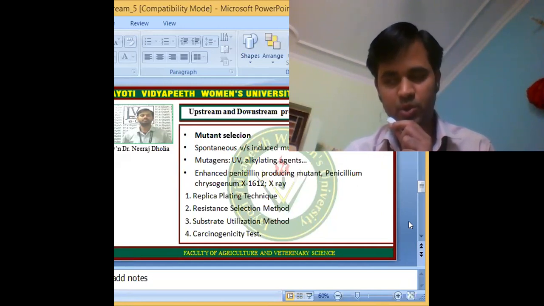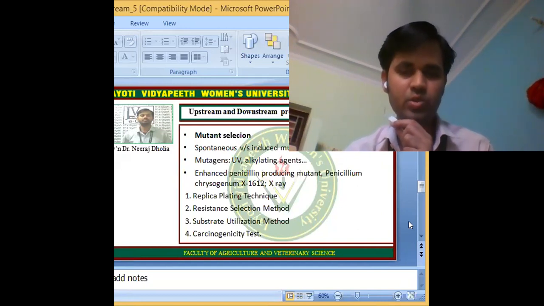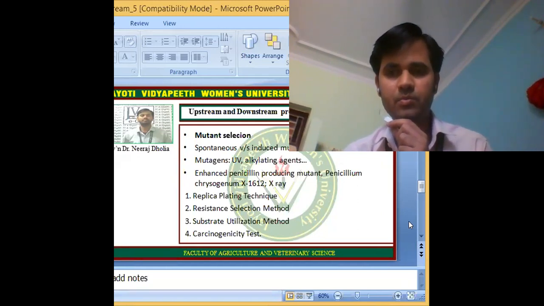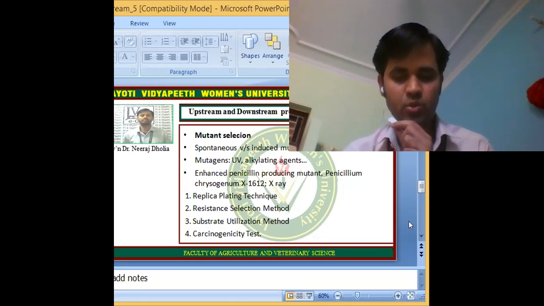The spontaneous mutation occurs naturally, and when we force the strains to develop a mutation, that is known as the induced mutation, using various measures like chemical mutagens, physical mutagens, UV, etc. An example of strain improvement using the mutant selection is Penicillium chrysogenum X1612.